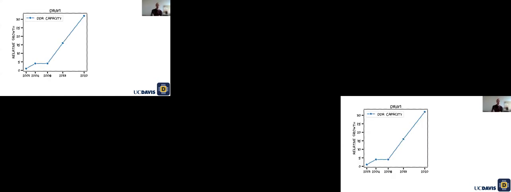Again, I'm sure that I am preaching to the choir here, but if we look at the past 20 years, our DRAM capacity has been growing, which is great. We can store more things in our working memory, but unfortunately, the DRAM performance has not been getting as much better. And so there's this gap between the DRAM performance and the amount of memory capacity that we have.